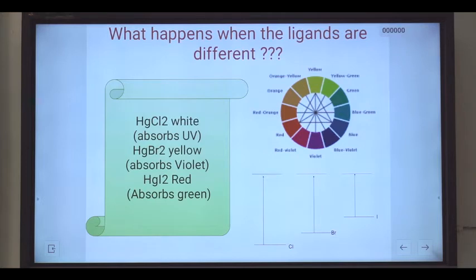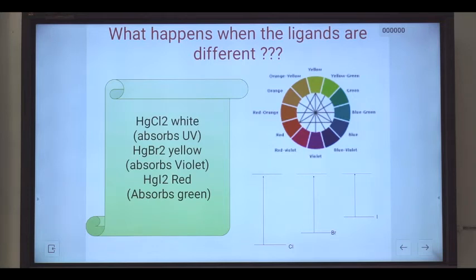So HgCl2 is white in color and it absorbs the UV light. Generally those complexes which are white in color lie under the ultraviolet region, whereas those complexes which show color should lie in the visible region. So HgBr2 is yellow in color but it absorbs violet, and HgI2 is red in color and it absorbs green.